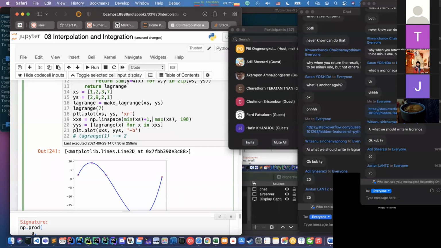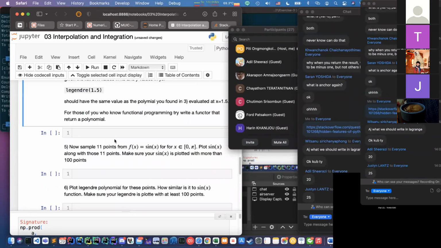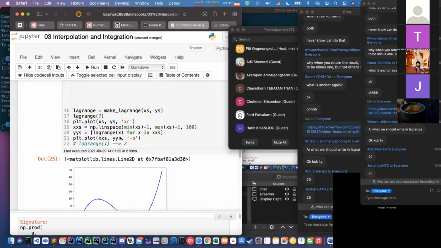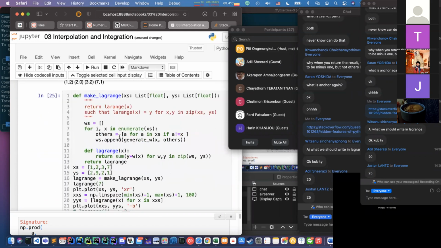Make it a little bit longer. Yeah, you see, I can actually lump this thing up into one line, but it's going to be so hard to read.